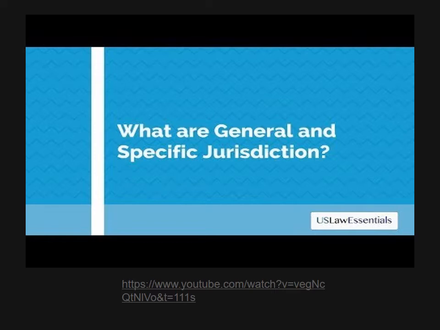However, if they have availed themselves of something within another state or had some of those minimum contacts, that court in the new state where they are not a resident can have specific personal jurisdiction over them through the long arm statute and through those minimum contacts.